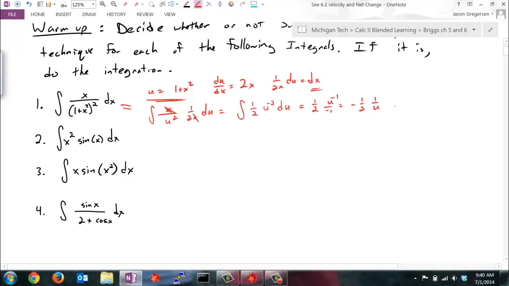What's the next step here? I've integrated this easier integral. What's my last step? Substitute back in. I started with x's. I want to end with x's. So I will substitute back in to get negative 1 over 2 times 1 plus x squared, plus my constant.